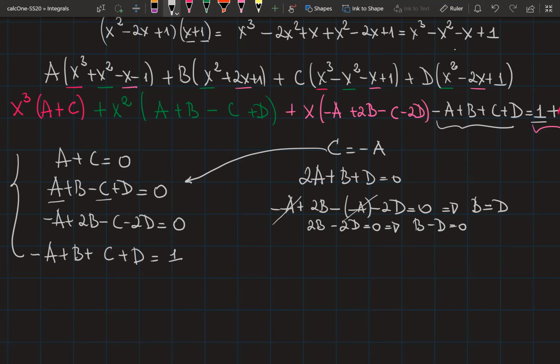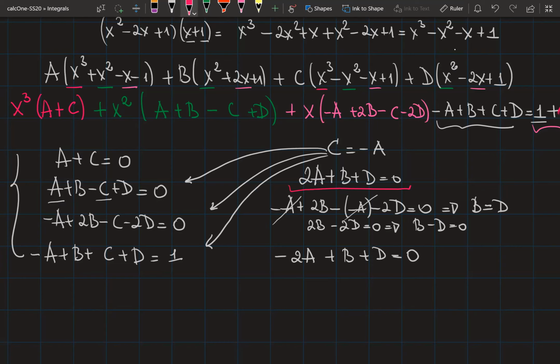I'm going to substitute c equals minus a into the last equation as well. So we're going to obtain minus 2a plus b plus d is equal to 1 again, sorry. Do you see, I've got really good equations, this equation and this equation are really similar, except for the first terms, right?